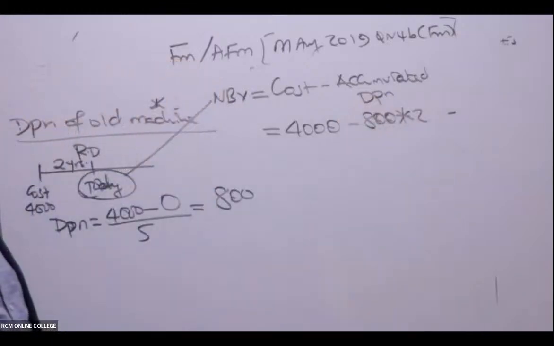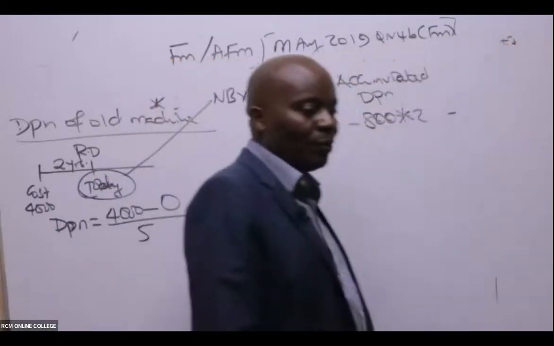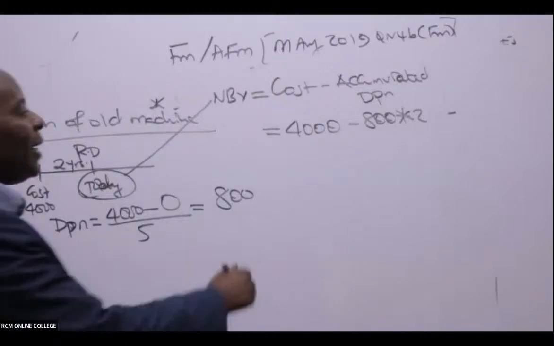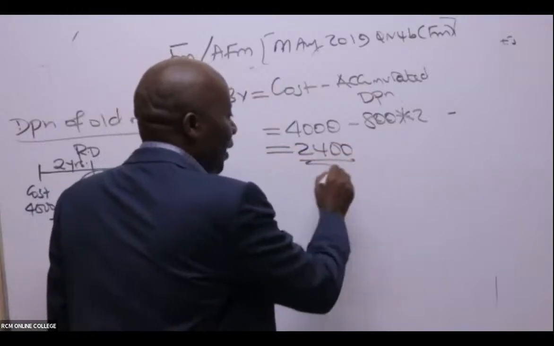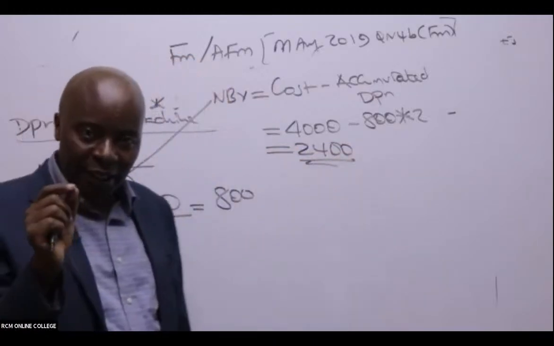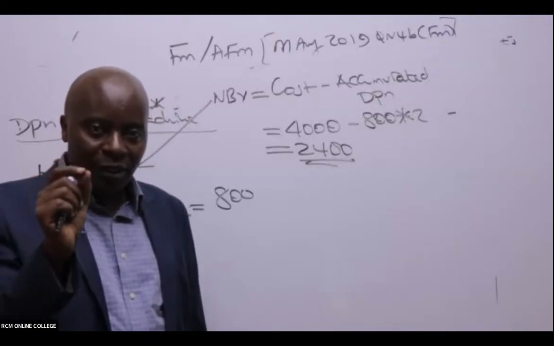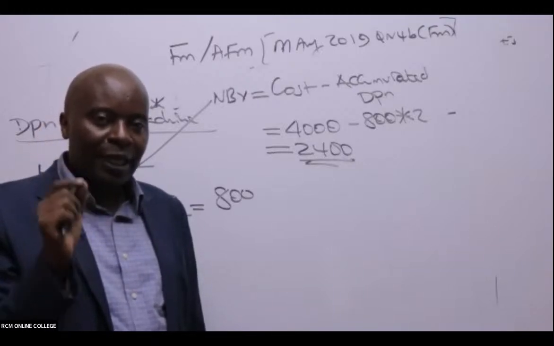So this gives me a net book value of 2,400 as of today.